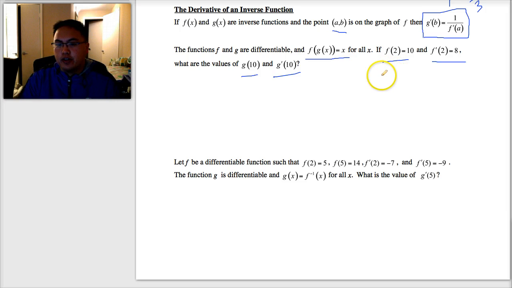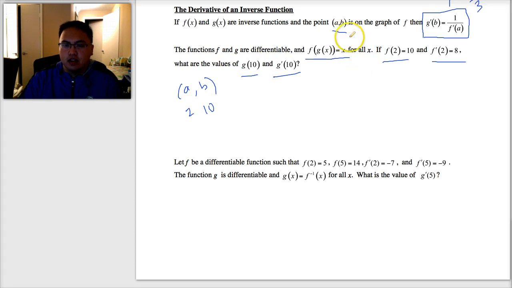This is how I always start these problems. First of all, I need to figure out what (a, b) is. For a regular function, what's x and y? Here's my regular function f. Would you agree that my x is 2 and my y is 10? In other words, my a is 2 and my b is 10.